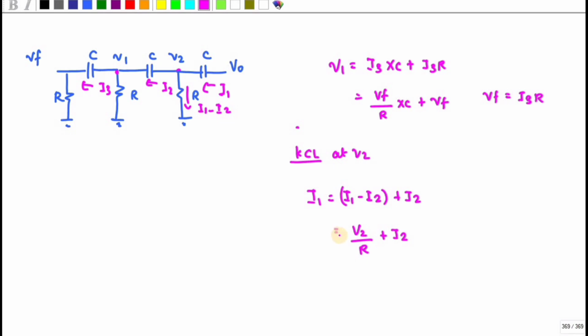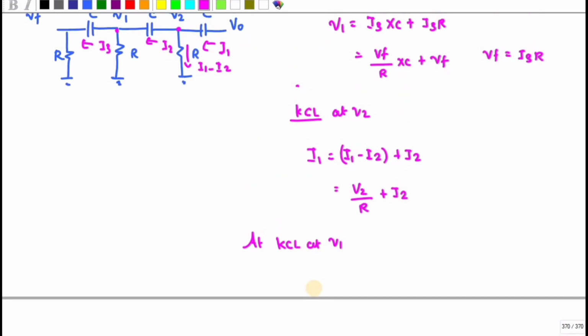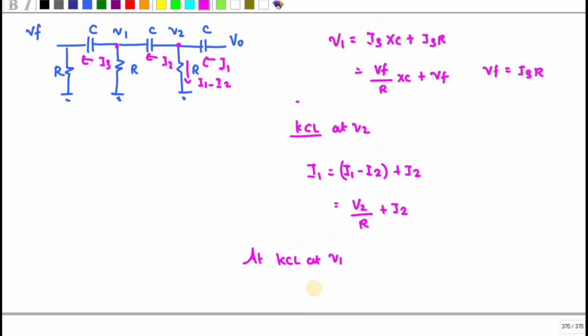Similarly, applying KCL at V1, I can write I2 current is equal to I2 minus I3 plus I3, right? So this current is I2 minus I3, which is V1 divided by R plus I3.